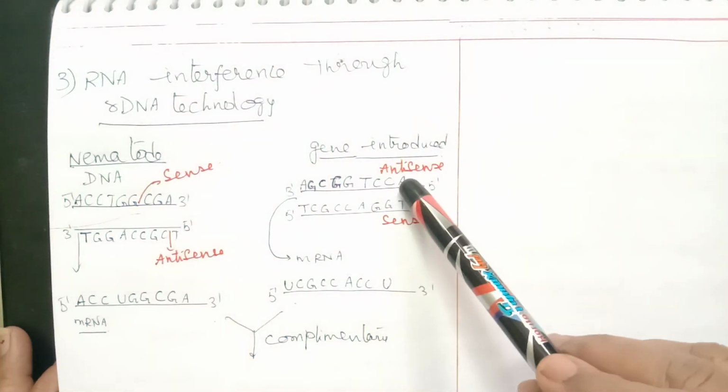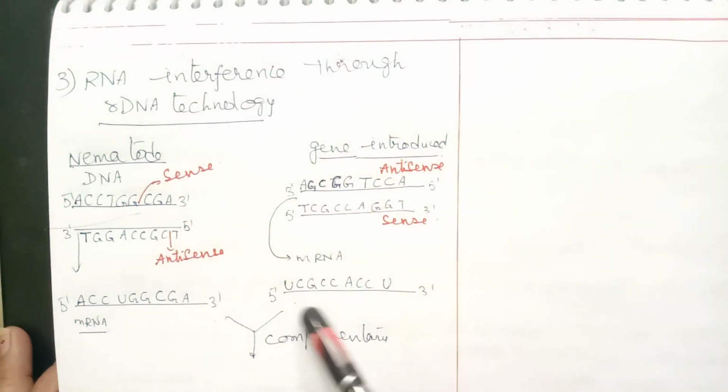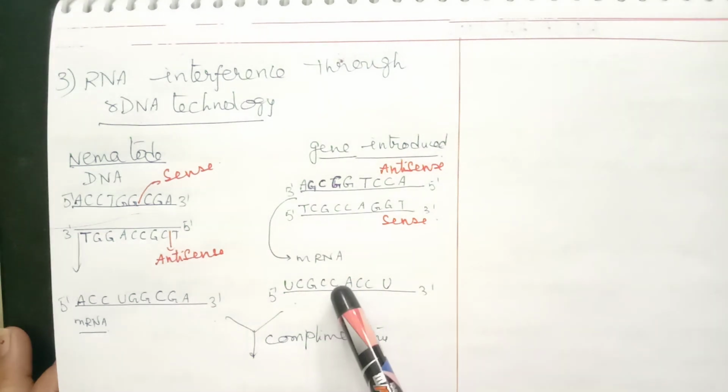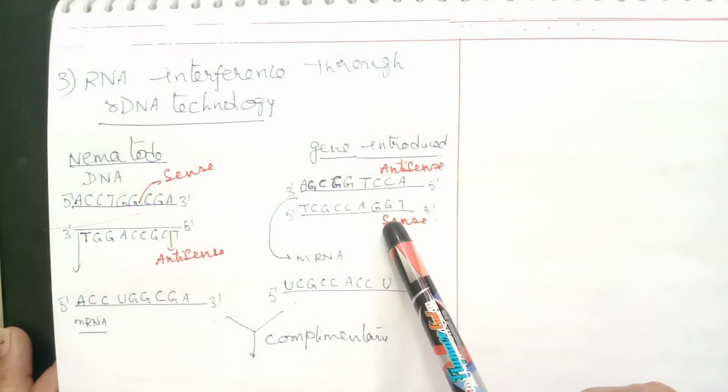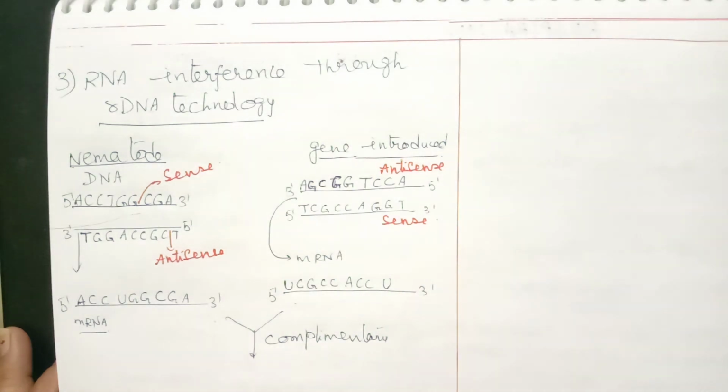Now from the antisense strand, we know an mRNA is produced. Again, mRNA will have the same sequence as the sense strand except for thymine. In place of thymine, there will be a uracil. So we get UCG, CCA, CCU.